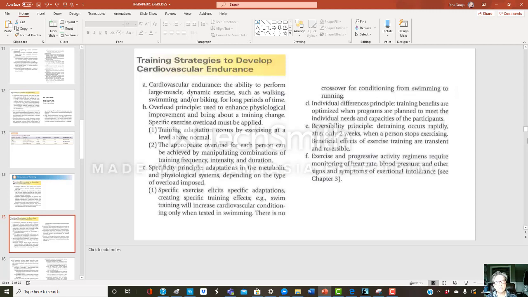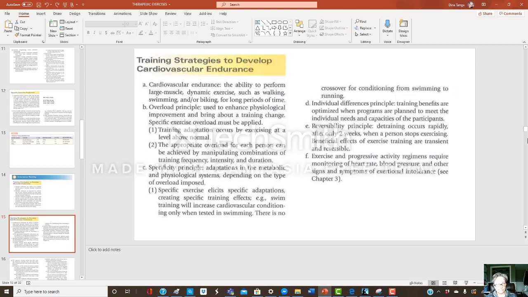Specific exercise overload must be applied. Training adaptation occurs by exercising at a level above normal. The appropriate overload for each person can be achieved by manipulating combinations of training frequency, intensity, and duration.